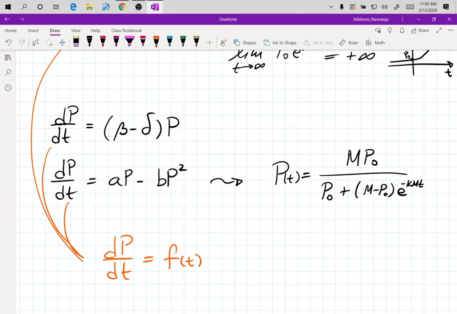And, sorry, some function of population, not time. Function of population. And those systems are called autonomous first-order differential equations.